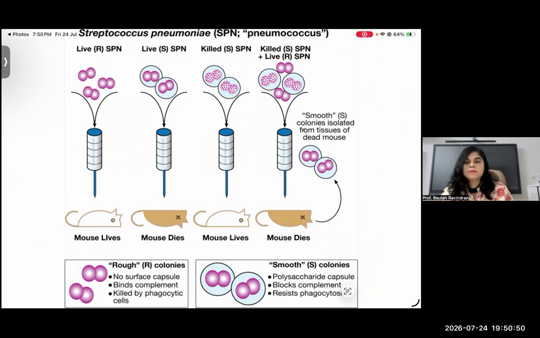Let me explain this experiment. This picture clearly shows what he observed.